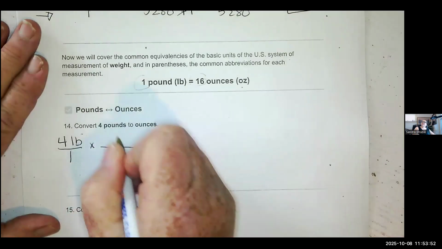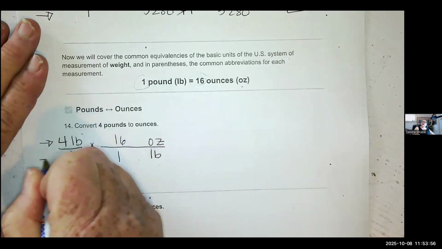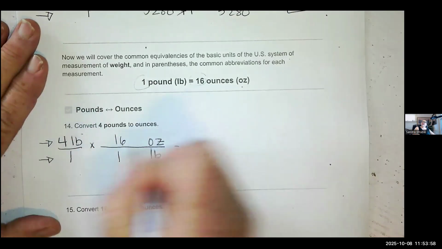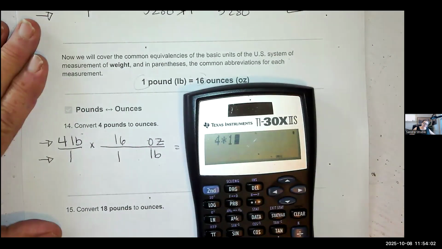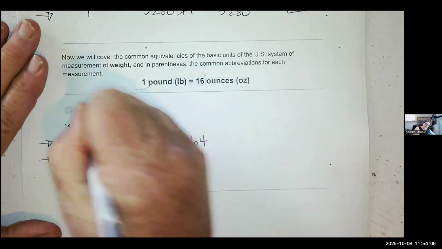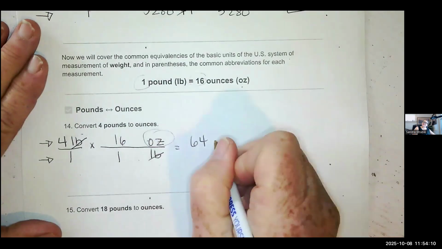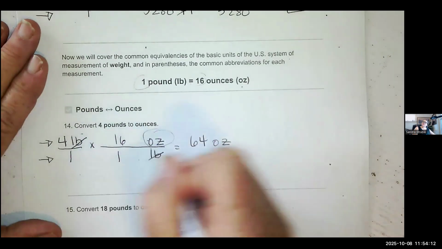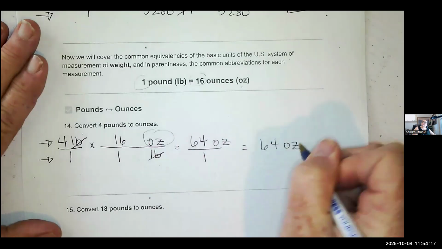So 1 pound is 16 ounces. Multiplying straight across on the top and straight across on the bottom, I get 4 times 16, and that's 64. Pounds are gone, pound over pound, and I'm left with ounces. This is 1 times 1 is over 1, so my answer is 64 ounces.